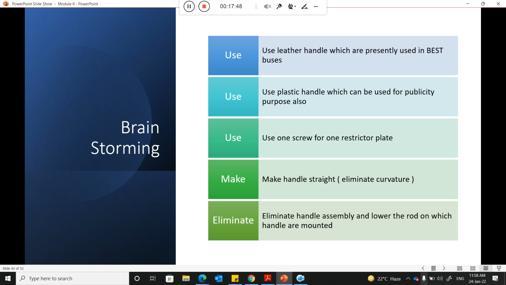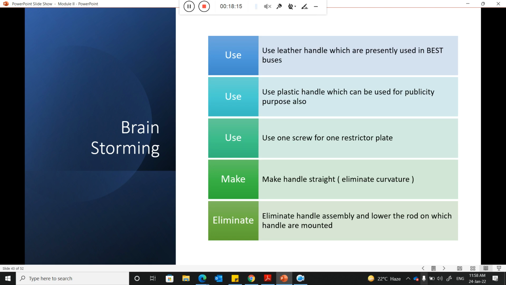Are you getting my point, class? Are you getting all this brainstorming idea, or is there any doubt? When I talk about this fifth idea, the idea is that the rod where you fit your handle, right?